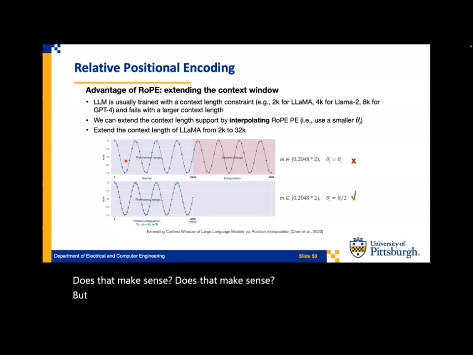But with relative position encoding, it uses one trick.